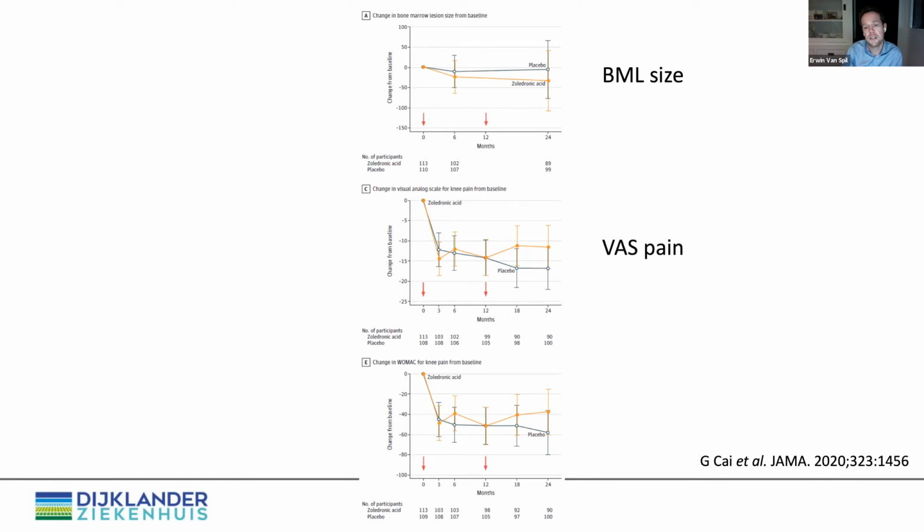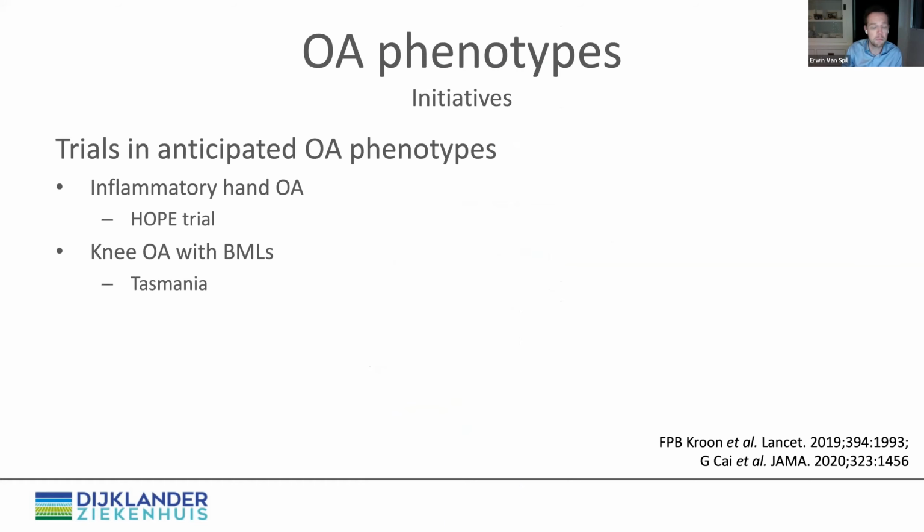Also, pain, according to the VAS and according to the WOMAC, was not reduced in this trial by zoledronic acid in the same population. This data have been resulted quite recently. So by then, other trials are also still going on and results will come up over the next years.